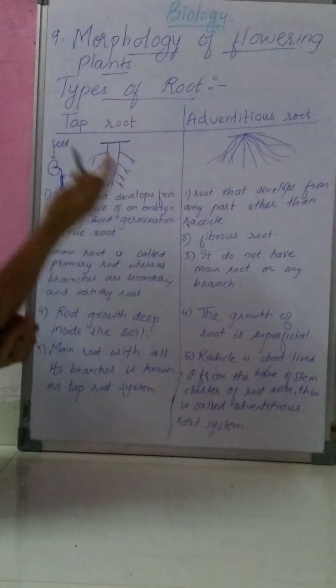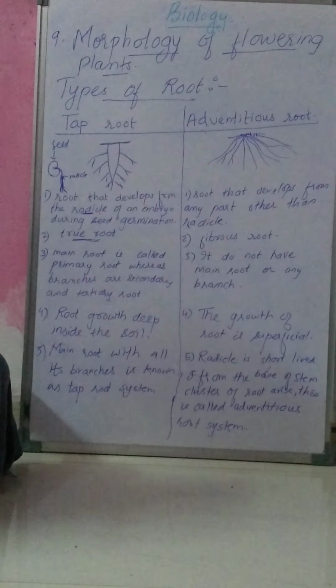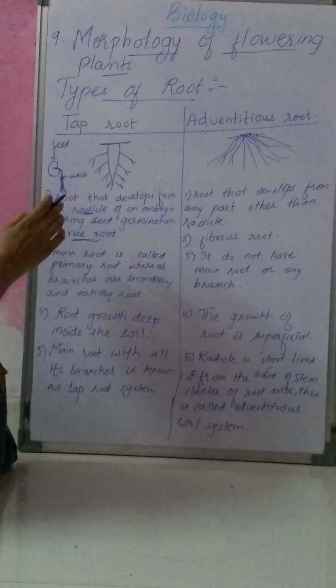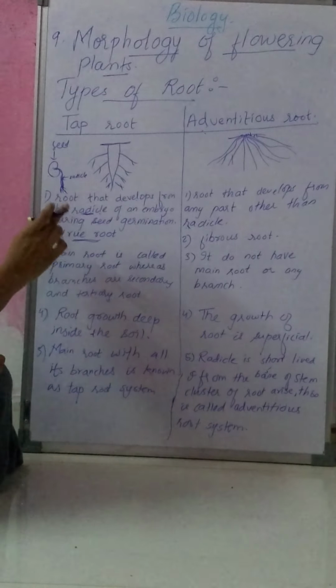As they arise from the radical of the embryo, this type of roots are known as true root. As this root, the taproot, arises from the radical of the seed, that type of root is known as true root.